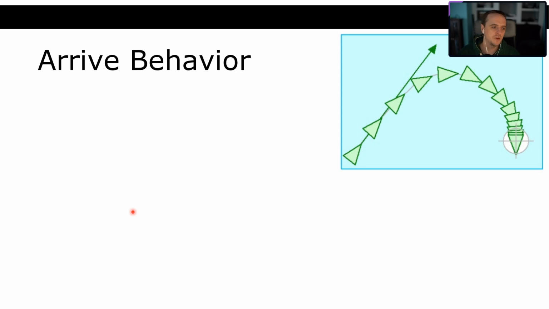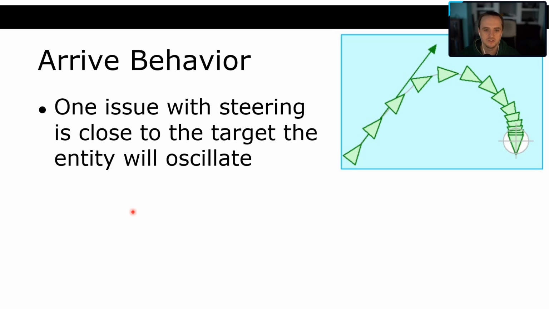The one thing that we have to be very careful of, though, is something called arriving behavior. Let's say we're doing pathfinding using steering, and as we're getting toward the goal, which is a static goal, we're going to have really weird effects. One issue with steering is that close to the target, the entity will oscillate.